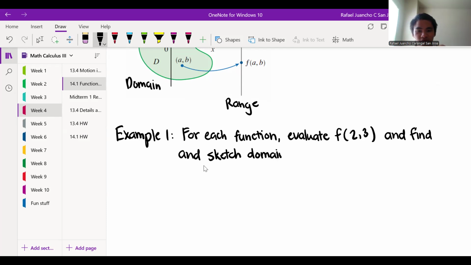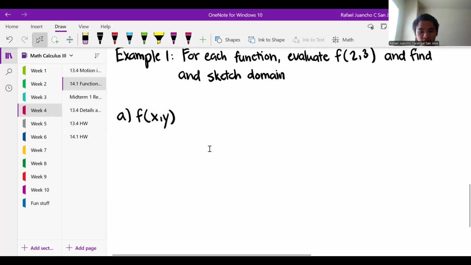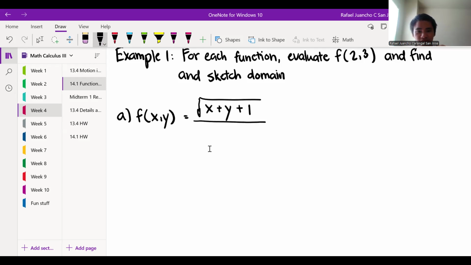I actually have two functions here. So my first function, let's go letter A. Here I'm given f of x, y. And here's my function. The square root of x plus y plus 1, and I divide that by x minus 1.